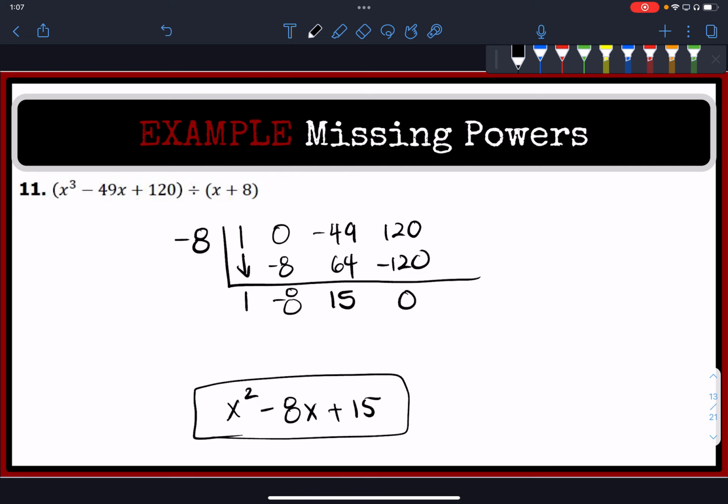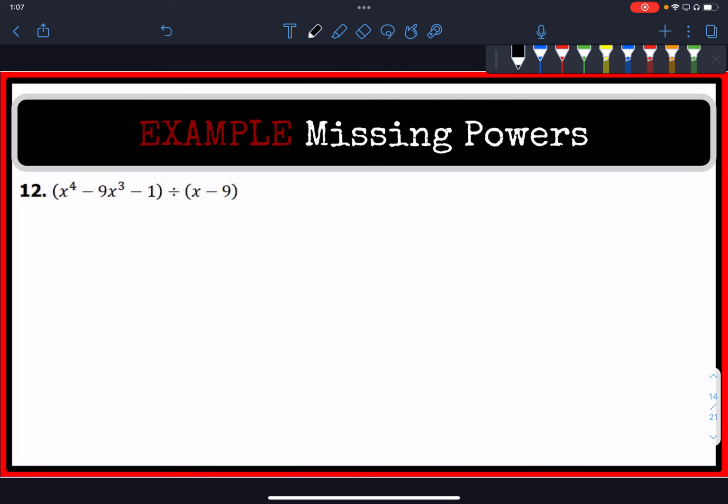And then, again, one last one. Here, we're missing 2 powers. Notice that we start off with 4. We go to 3, but we're missing the second power, and we're missing our first power because this is our constant. Our constant is x to the 0 power. So we're going to have to put 0 in 2 locations. So we have 1, negative 9.